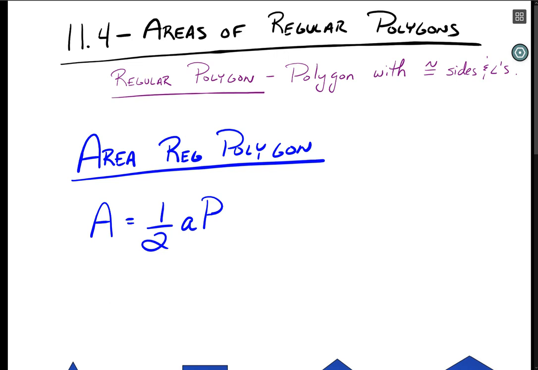That is your formula. The A is called the apothem.